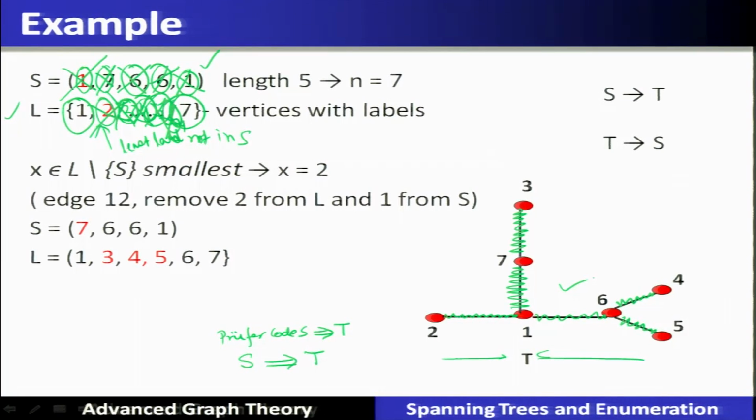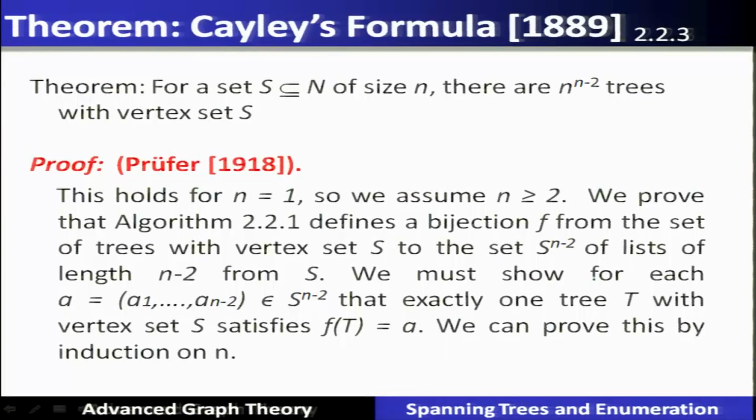We have already seen in the previous proof, that if a tree is given, how we are going to produce the Prüfer code, and now we have seen given a Prüfer code, we can generate a unique tree out of that code. That becomes Cayley's formula.